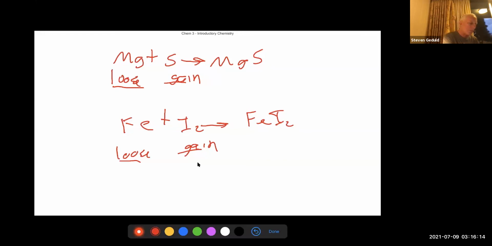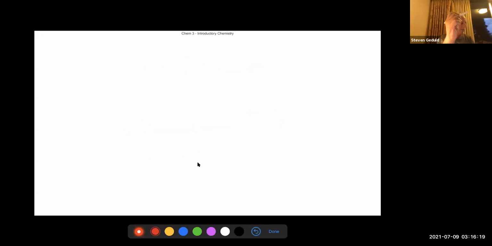Okay, let's write this down so you can see it. The reaction of lithium with bromine is similar to that of sodium with bromine. Write the balanced chemical equation for the reaction of lithium with bromine. Include phases.